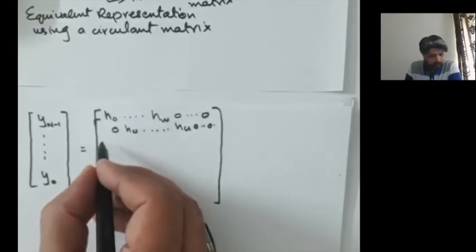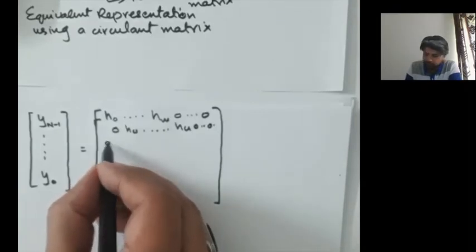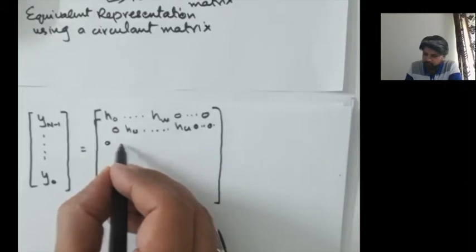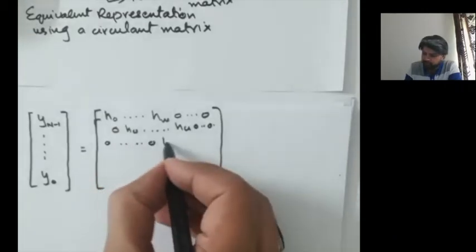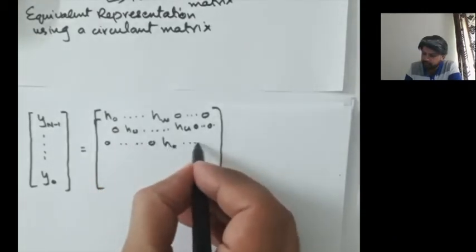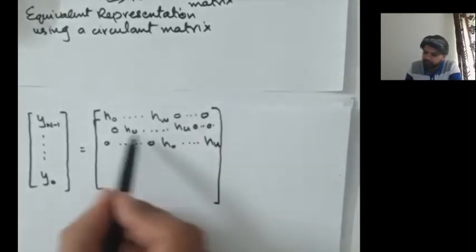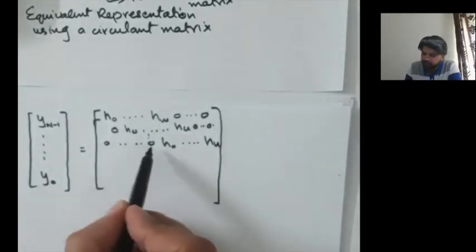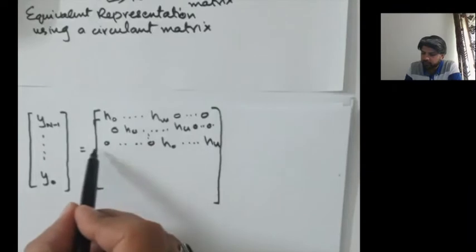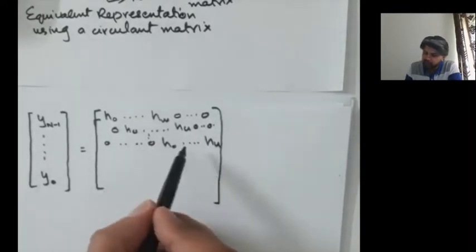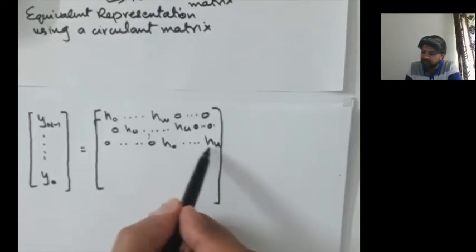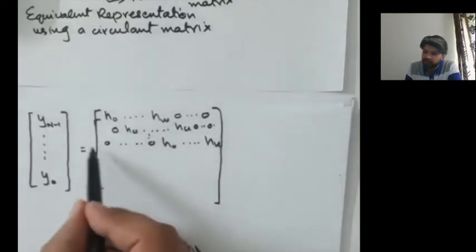Once you have these rows where you have these n minus mu zeros here, and all the channel has been written here, now in the next row, this h mu would come here.